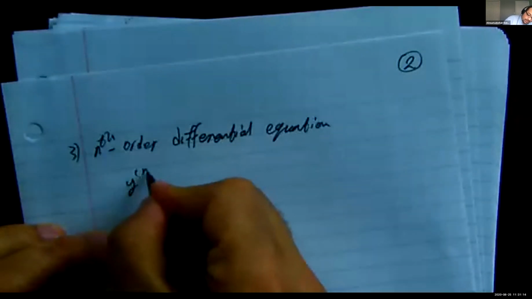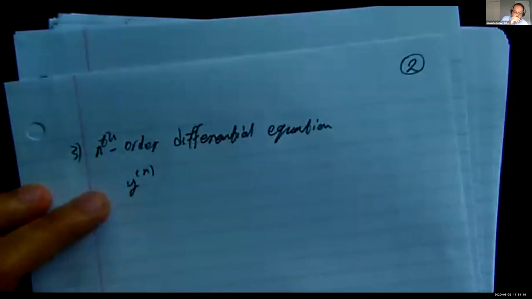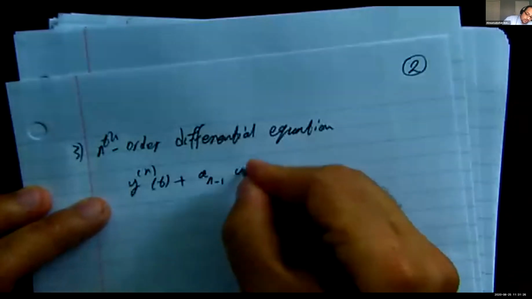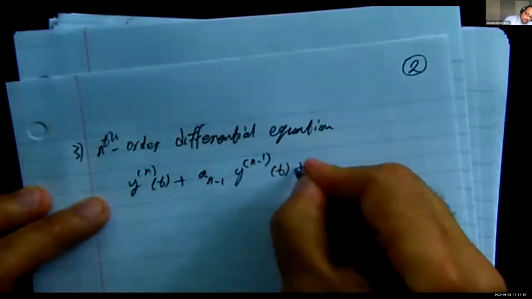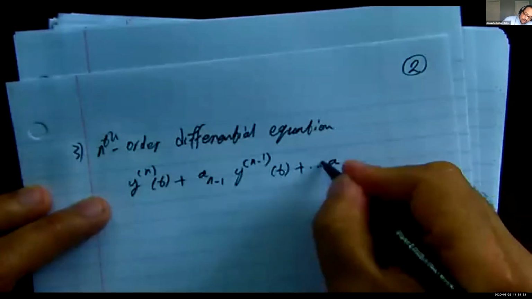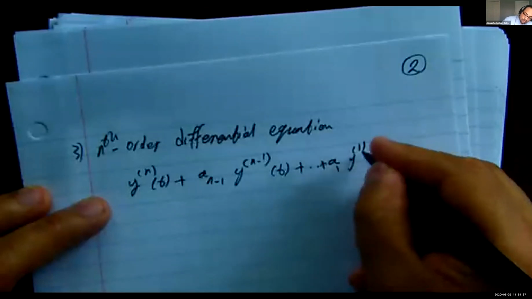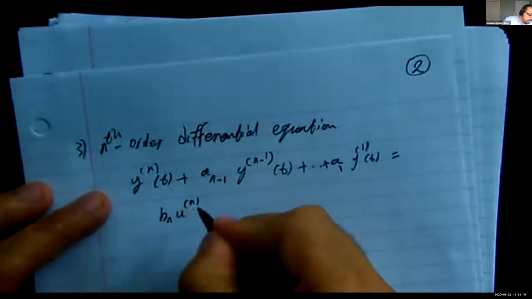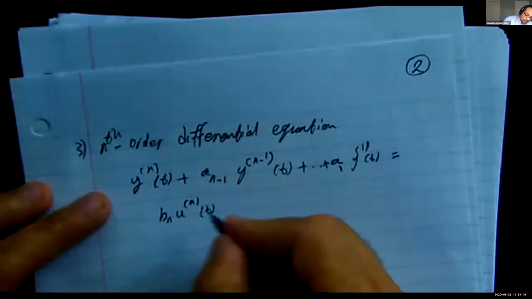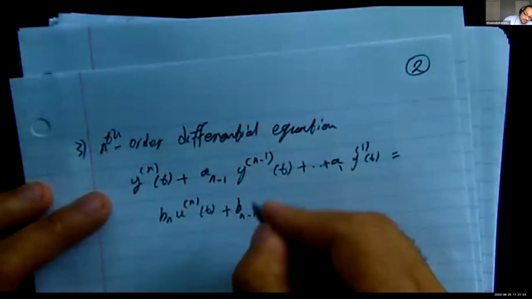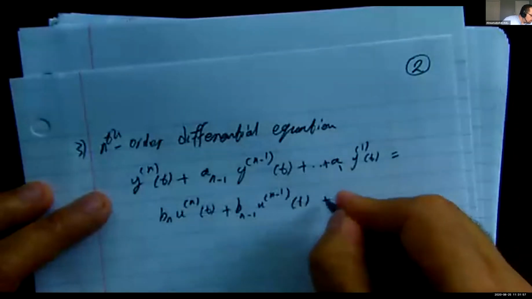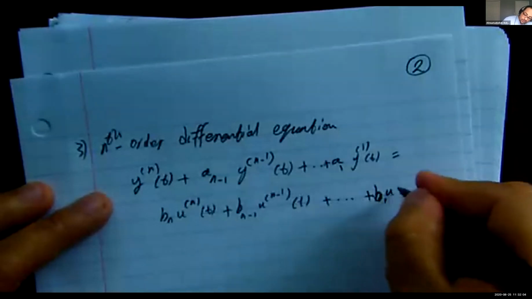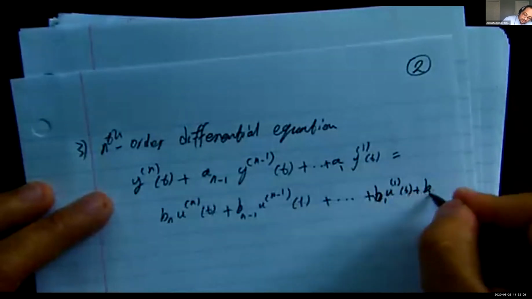So in this case here, we're talking about y to the power of n, where n here is the nth derivative of y, plus a n minus 1, y n minus 1, plus a1 y1 of t, is equal to bn u to the nth derivative plus bn minus 1 u n minus 1 of t plus b1 u1 of t plus b0 u of t.